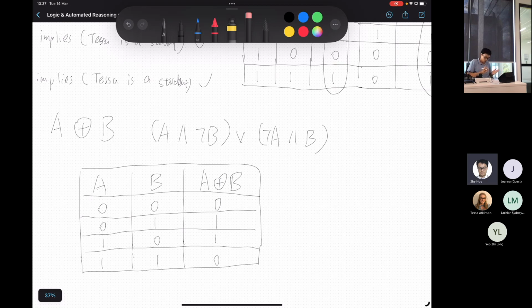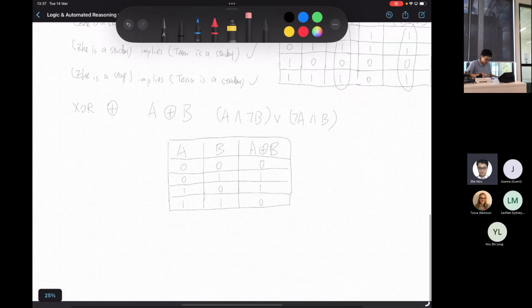When A and B are both true, you get a 0. When A and B are both false, you still get a 0. Right? That's exactly what we mean by exclusive OR. Okay. Now, the other way, if you want to memorize this, is for A XOR B, if their truth values are the same, then you get a 0. If they're different, then you get a 1. Okay.